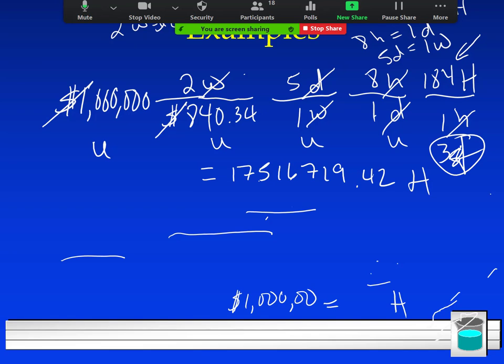So if I want to make $1 million, 1, 2, 3, 175, 0, 0, 0, 0, 0. To make $1 million, I have got to wrap 17,500,000 hamburgers.